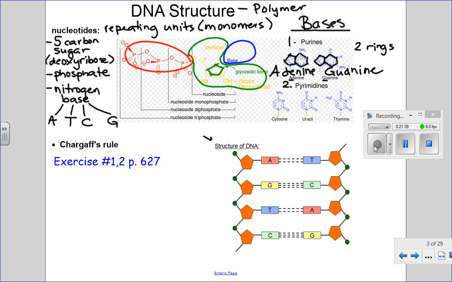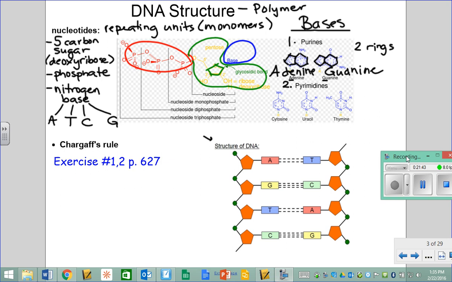Category 2 is the pyrimidines. Now you'll notice there are 3 things, and you're going to be like, I thought you said there were only 4 total. You're a crazy person. And that's because the 3rd one goes with RNA, not DNA. In the pyrimidines category, recognize that aside from other atomic differences, they all have 1 ring.